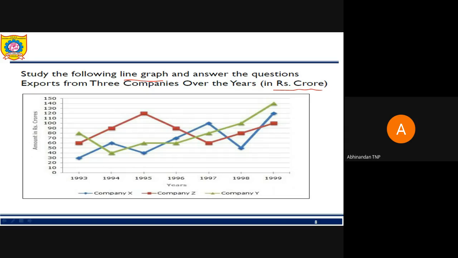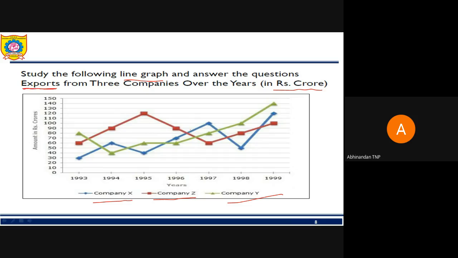Okay, so there are three companies X, Y, Z. Company X is given by the blue line, company Z is given by the red line, and company Y. So these are the three companies, and the three companies have different analysis. It is given in the form of crores. This analysis is related to exports.